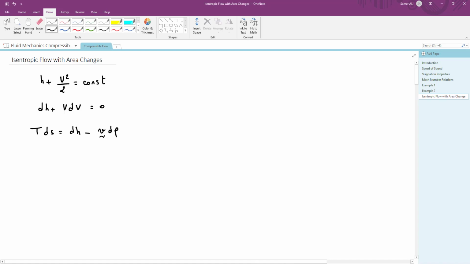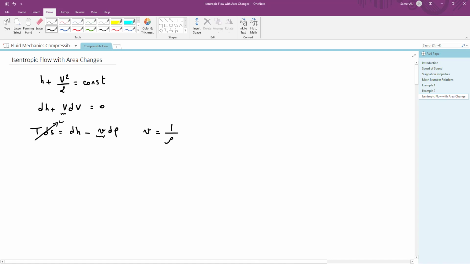So here, v is the specific volume, and please do not confuse it with the capital letter V, the velocity, okay? And we know that the specific volume is simply the inverse of the density, and it is equal to 1 over rho. Now for an isentropic flow where the entropy is constant, dS will be equal to 0.